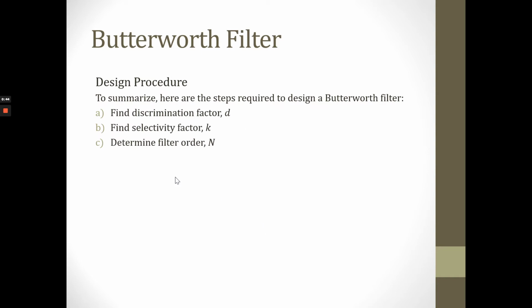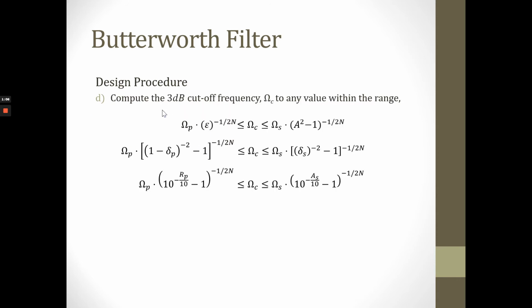In designing the Butterworth filter, the first three steps required are: the first one is to determine the discrimination factor D. The second one is to calculate the selectivity factor K, and the third one is to determine the filter order N. The fourth one is to compute the 3 dB cutoff frequency omega c to any value within the range.